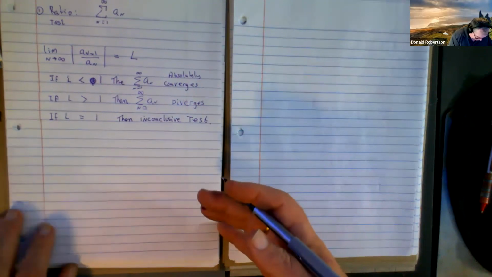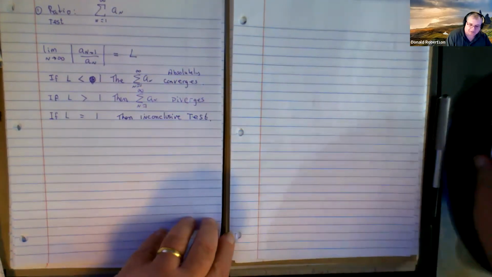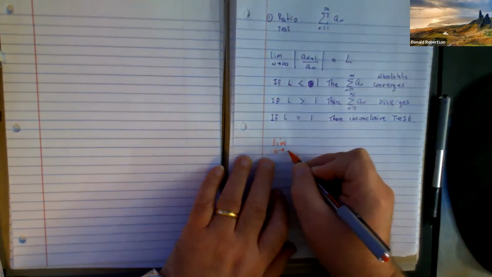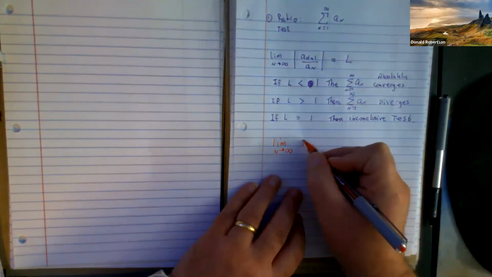I'm going to do a question in a moment, but before I do it, I have to remind you of some magic. Here are 2 ratios that you will just accept.